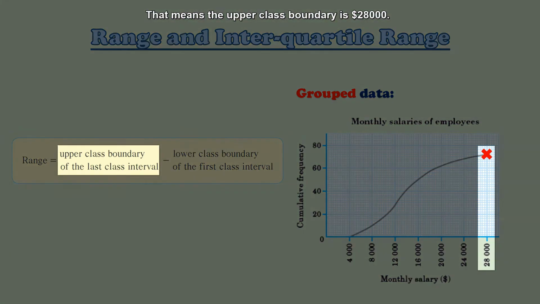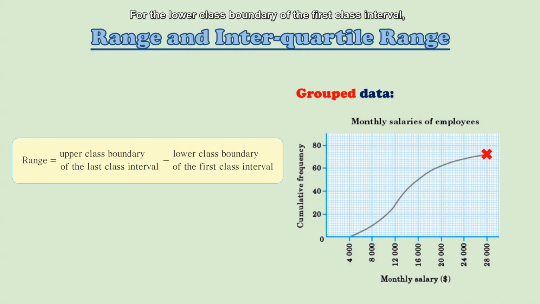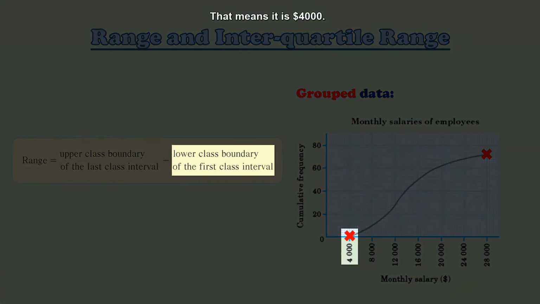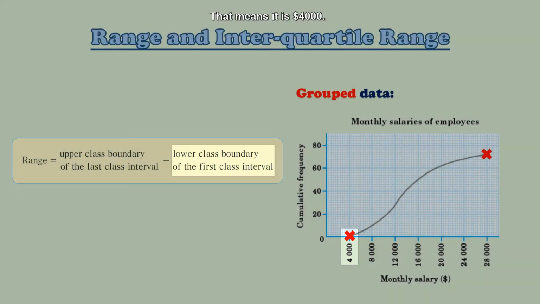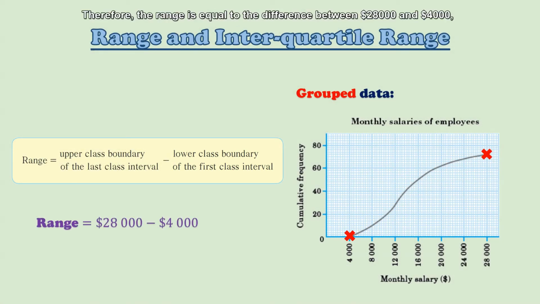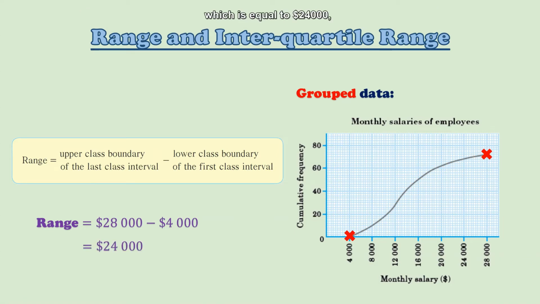That means the upper class boundary is $28,000. For the lower class boundary of the first class interval, it is the value corresponding to the lowest point of this curve. That means it is $4,000. Therefore, the range is equal to the difference between $28,000 and $4,000, which is equal to $24,000. And to calculate the range, make sure we have the unit.